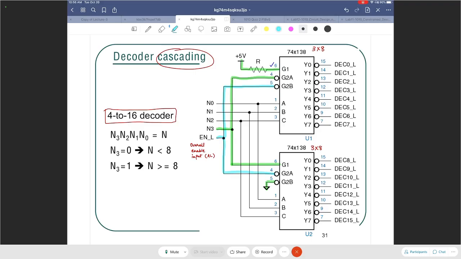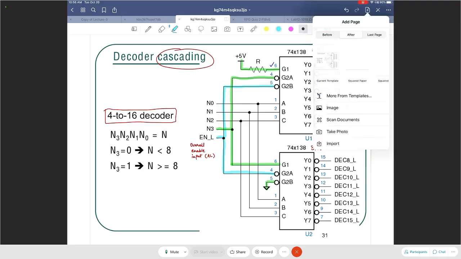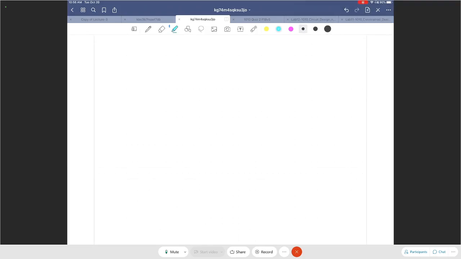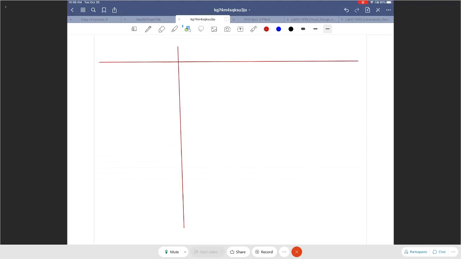Now, once you see this, let us try to put some arbitrary inputs and look at this 4 to 16 decoder. Actually, what will be helpful is let's write out a table for our 4 to 16 decoder.